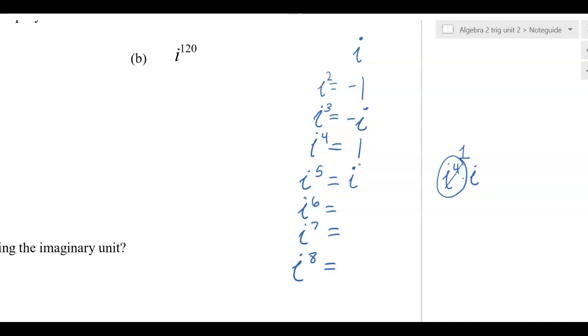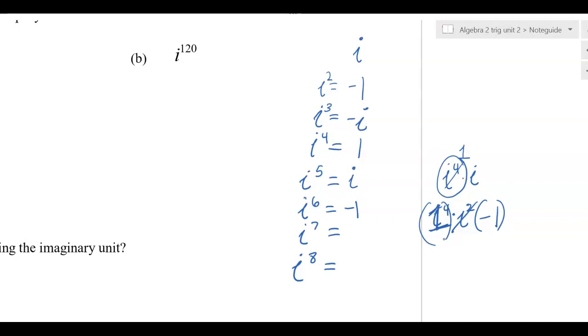All right, what about i to the 6th? -1. Are you guys okay with that? So a power of 6 is like a power of 4 and another power of 2. And a power of 4 is really equal to 1. And a power of 2 is really equal to -1. So it's like having a 1 times a -1.